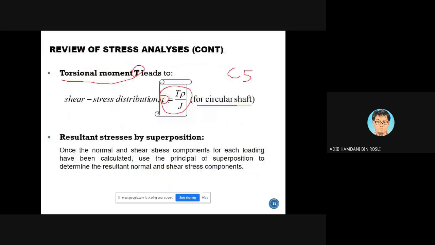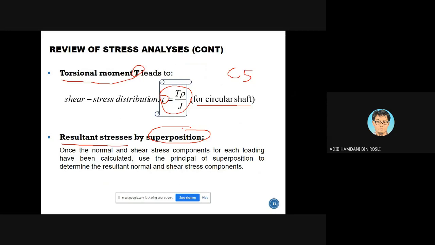What happens if you have more than one internal loading acting on the section? You will definitely have resultant stresses. To solve this, you need to use superposition, but you don't just add them up.